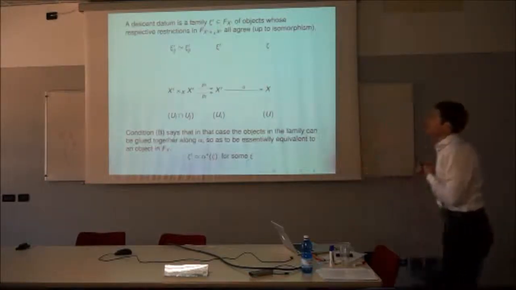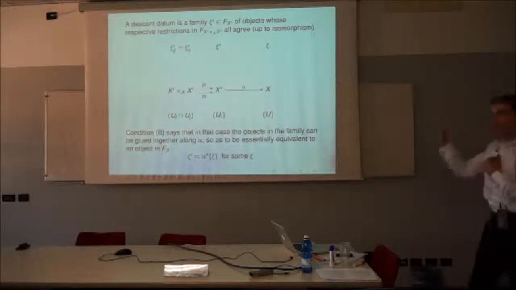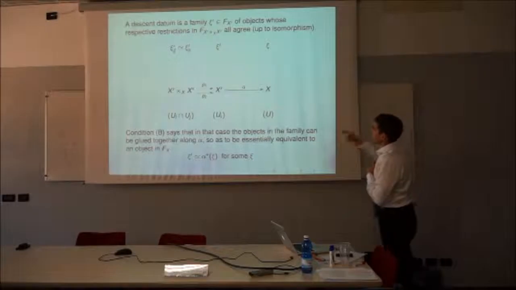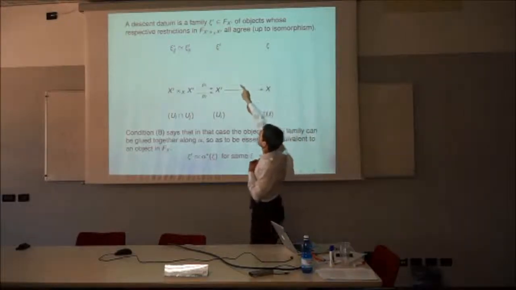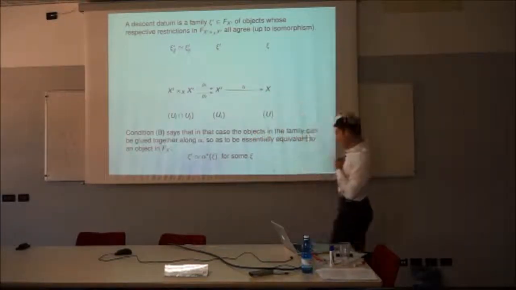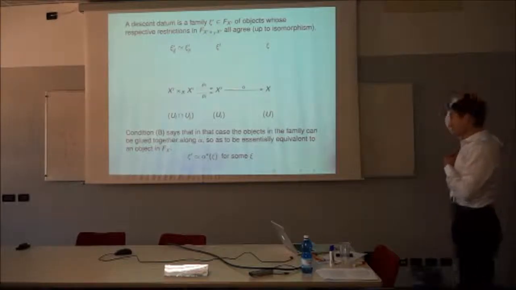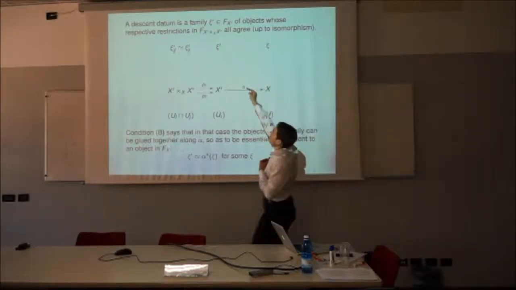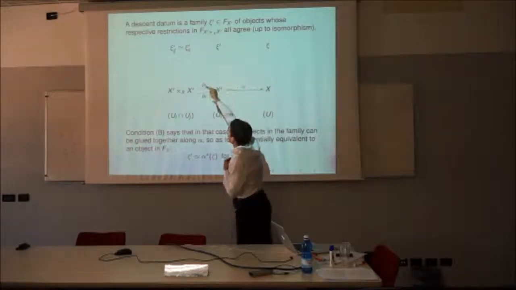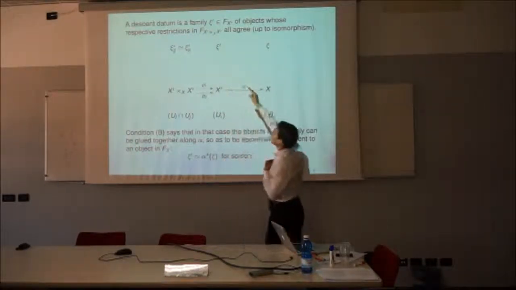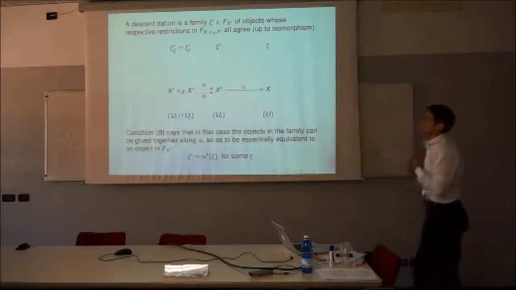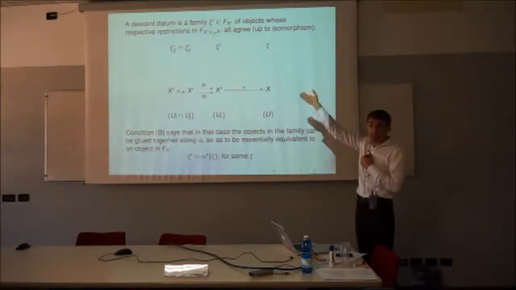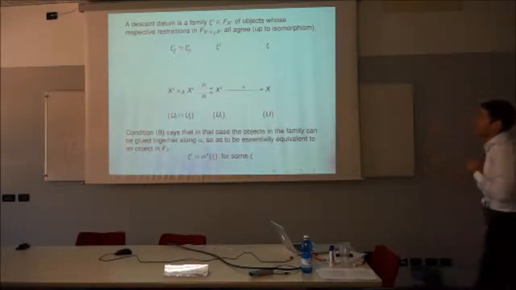And the second condition is exactly the same thing, but about objects, not about arrows. So suppose that you have an object psi prime above X prime, and you suppose that the two images of psi prime by the two base change functors, P1 star and P2 star, are isomorphic, exactly like in the example we considered.